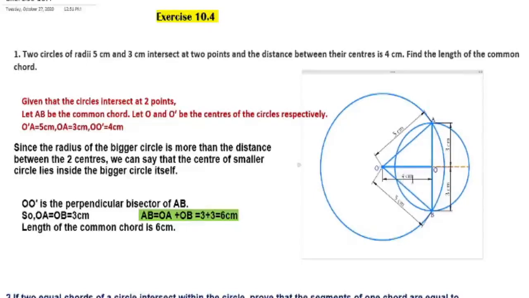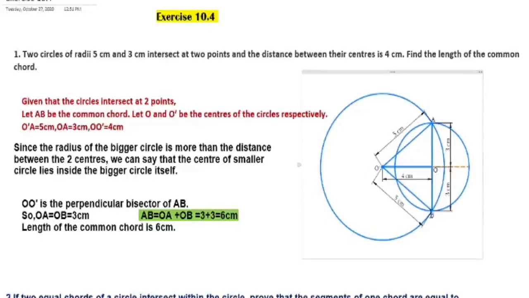In the previous exercise we have proved that the line joining the centers of the two circles is the perpendicular bisector of the common chord. So here we get OA equal to 3 cm, OB equal to 3 cm.